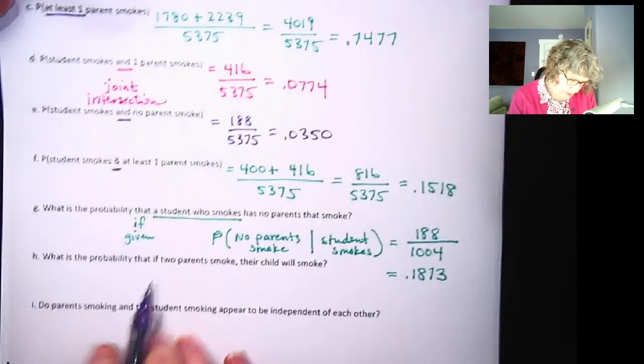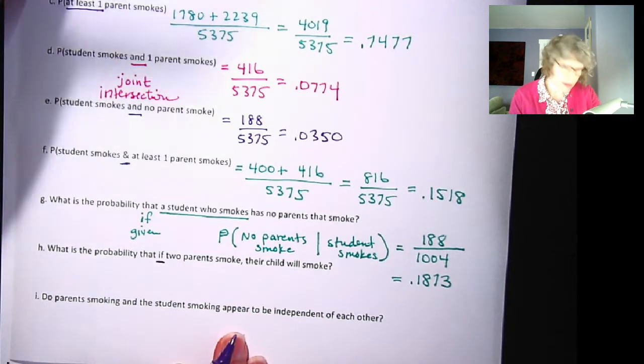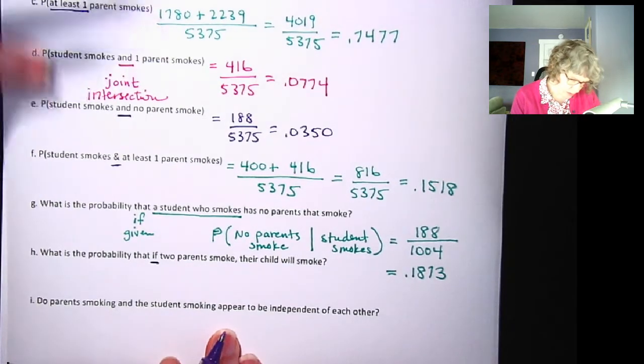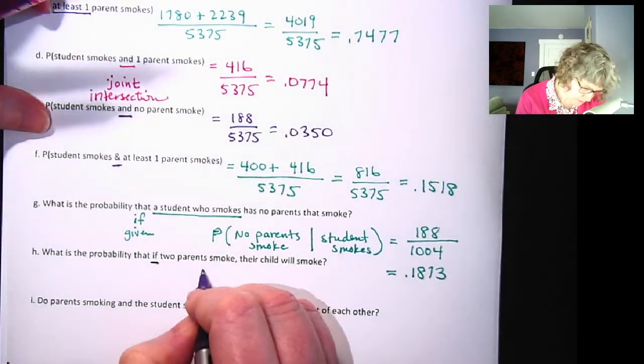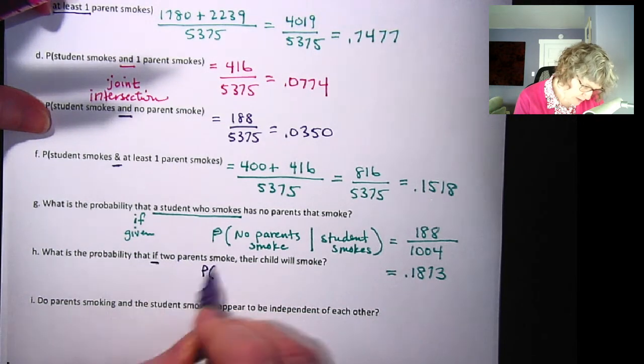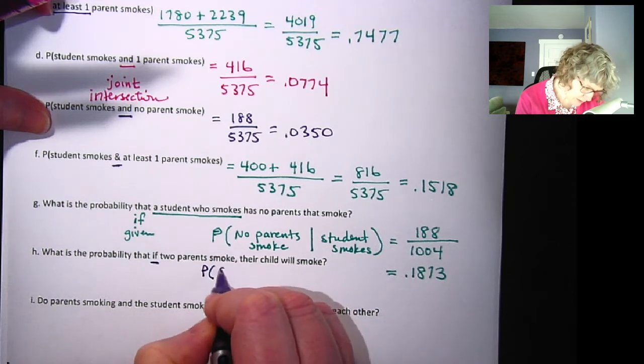What's the probability that if two parents smoke, their child will smoke, at least in this study? If two parents smoke, that's the condition. The probability is their child smokes, which in this case is called a student.